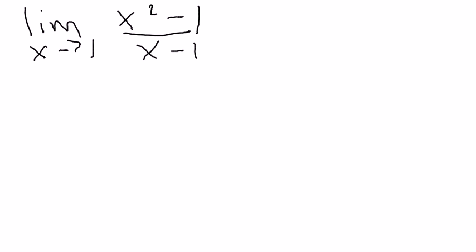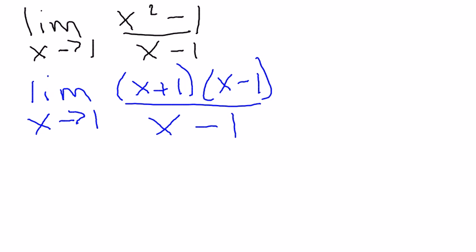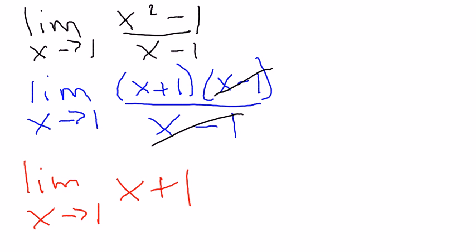Well, if you look at the numerator, we can factor that and further simplify this. So the numerator factors into the quantity x plus 1 times the quantity x minus 1. So we're left with the limit as x goes to 1 of x plus 1 times x minus 1 divided by x minus 1. We can further simplify this because the x minus 1's cancel. So then we're left with the limit as x goes to 1 of x plus 1.